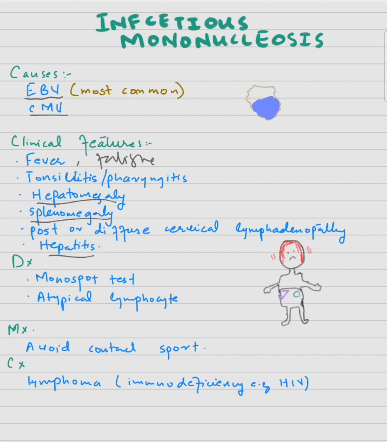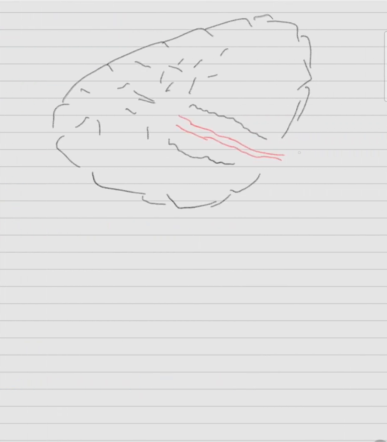So the periarterial lymphatic sheath is this area. If this is the splenic artery entering the spleen, and this whole thing is the spleen, then we have a white pulp and a red pulp. This whole thing is the red pulp, and this is the white pulp. In the white pulp, the area immediately around the splenic artery is called the periarterial lymphatic sheath.